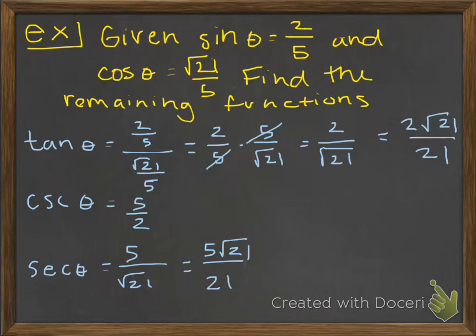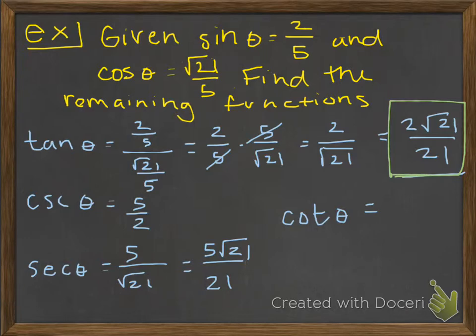And the last one I need to find is cotangent. So a couple ways to go about finding cotangent. I know cotangent is cosine over sine, but I also know that cotangent is the reciprocal of tangent. Now, if I go to this answer right here, let me change my color. If I go to the answer right here and I flip this one, after flipping it, I will now have a square root in the bottom, and that means I have to rationalize all over again.